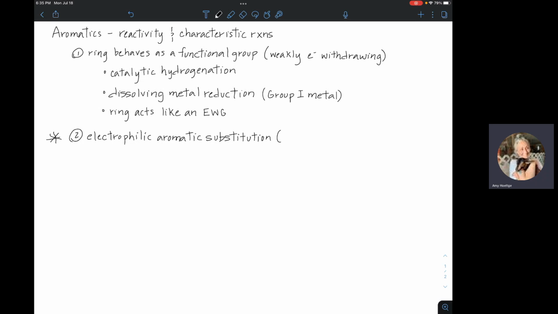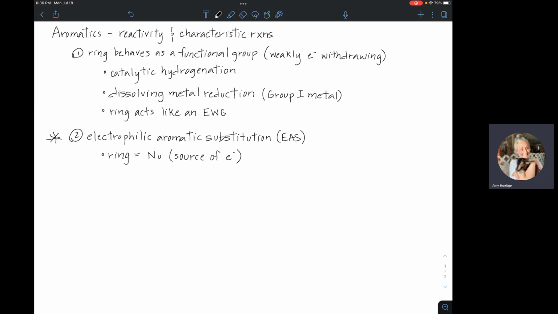And this is very often abbreviated EAS. In an electrophilic aromatic substitution, what ends up happening is the ring behaves as a nucleophile. So your ring is the source of electrons. So this is your nucleophile.